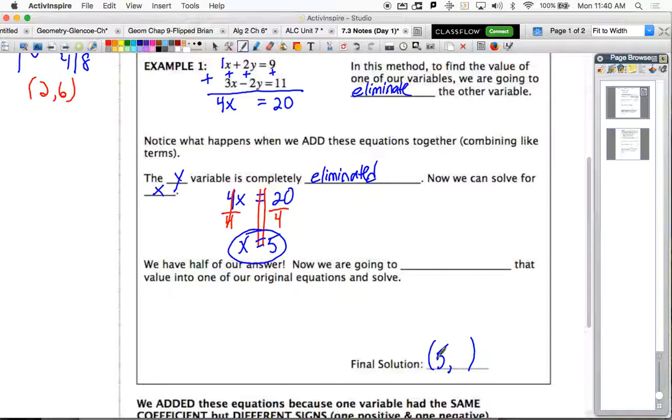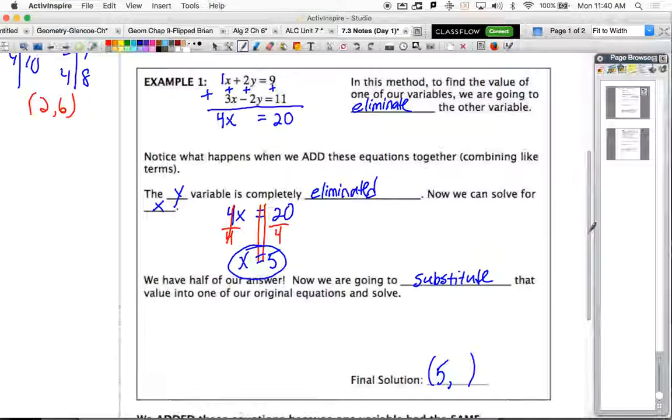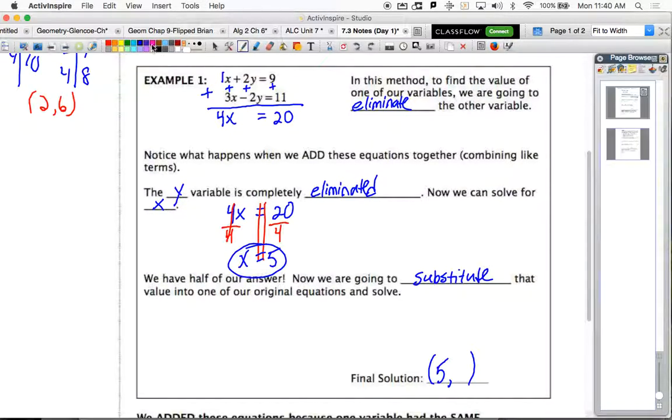But now we're going to need to substitute that in. So we're going to substitute that value of 5 into our original equation and solve. So we can go back up to our original equation. We've got two equations back up here at the top. Which one of those looks a little bit easier to work with?